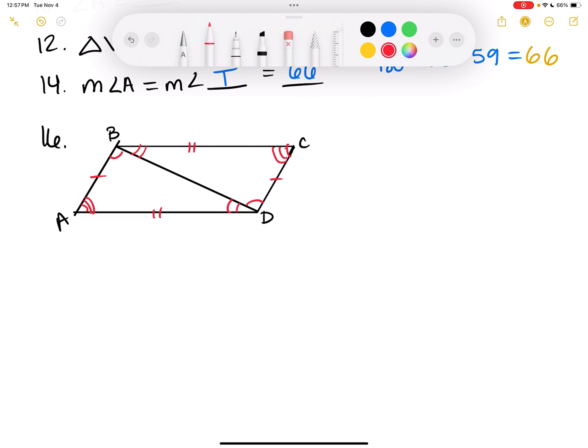Does anybody know what that reason is? The reflexive property. Yep, so segment BD is congruent to segment BD. And it probably seems a little bit pointless to have to write that, but it is part of us being able to say that this stuff is congruent. So this is by the reflexive property of congruence.